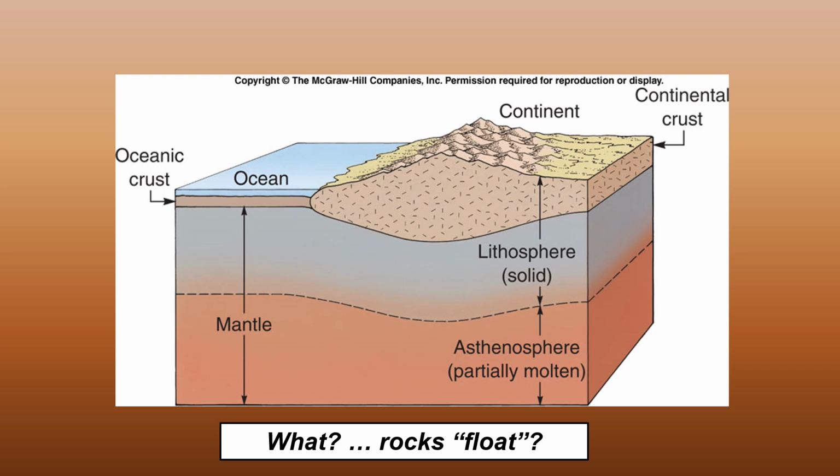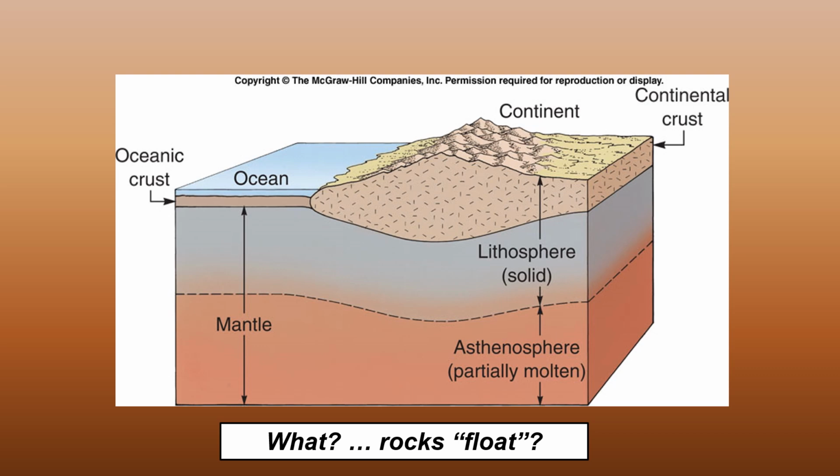Okay, so looking at this diagram here, you have the continents floating, if you will, on denser rock. The continents and the ocean basins are floating on denser material of the lithosphere.